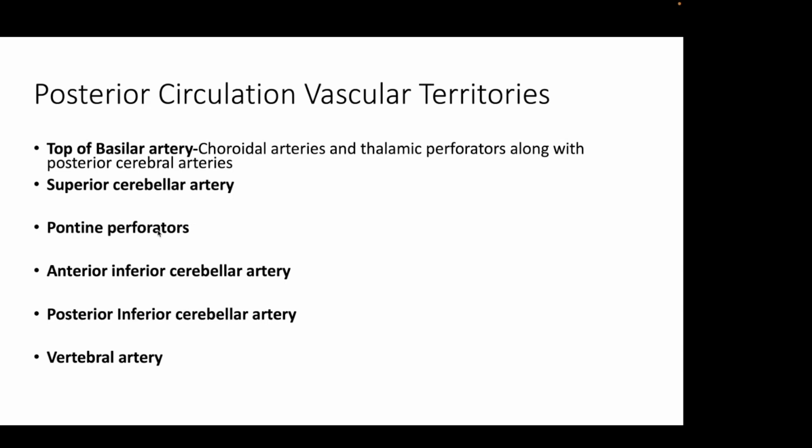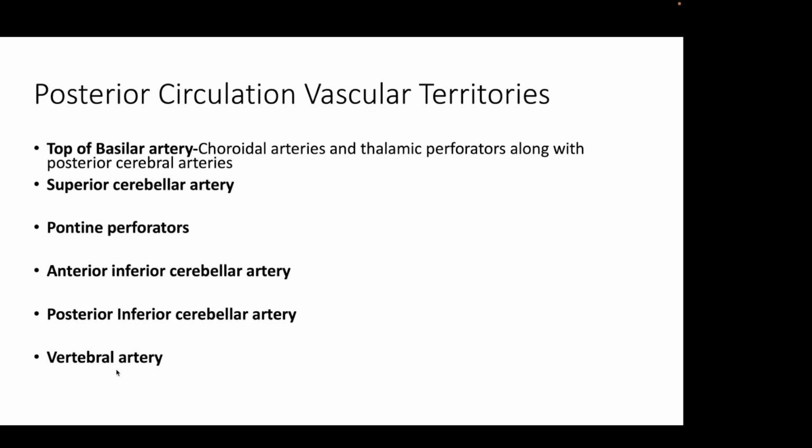Pontine perforators, I mentioned, are unilateral infarcts that spare or stop at the midline. Anterior inferior cerebellar artery territory infarcts we don't see very often, but these are usually in the anterior portion of the middle cerebellar peduncle. The posterior inferior cerebellar artery is the other hand, covering the undersurface of the cerebellum.